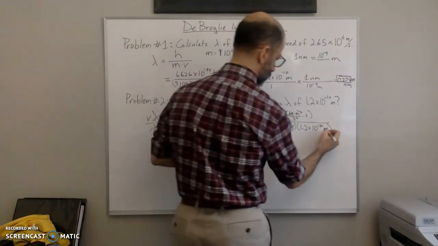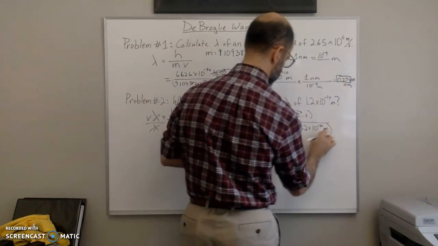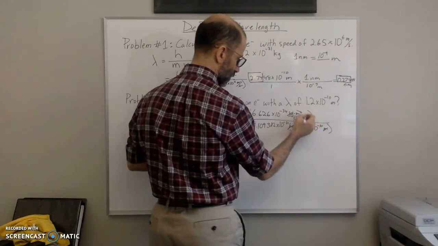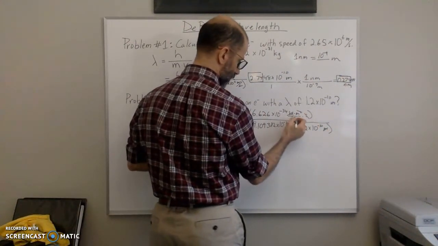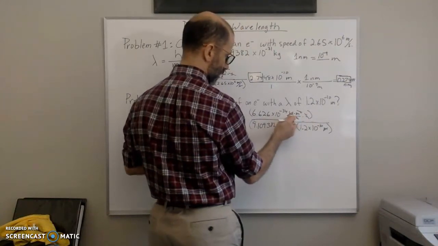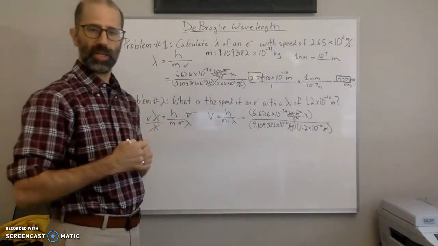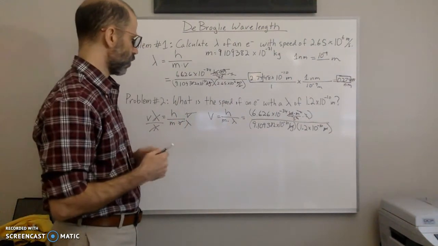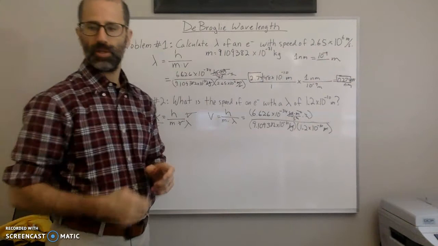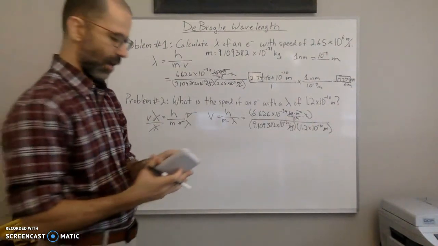And this seconds is going to cancel out with seconds there. So now we have meters over seconds, which is our velocity unit. So everything looks good. So all we need to do is calculate.